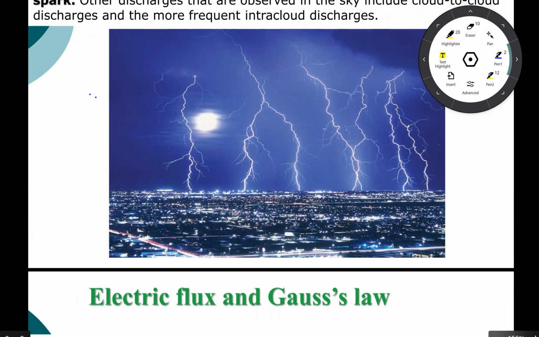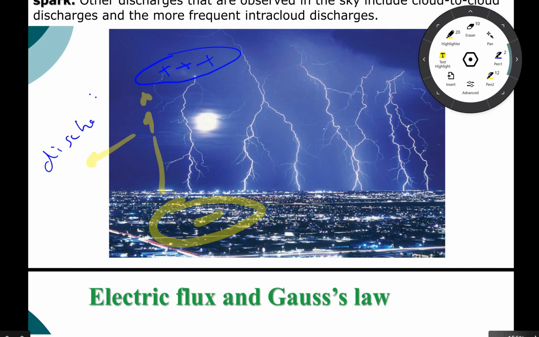There is something in nature similar to the field lines. If we have a cloud which is positively charged, and we have the earth which is negatively charged, and the voltage is sufficient, a current will be produced from the positive charge to the negative charge.